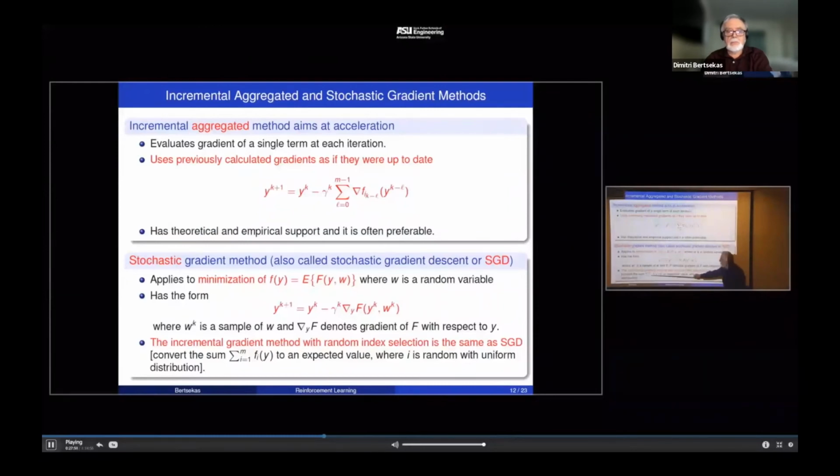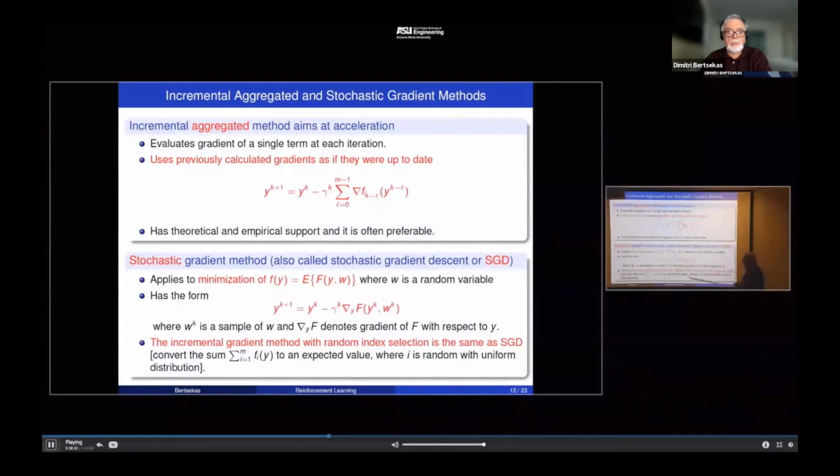Then this sum can be written as an expected value, and then the stochastic gradient method is exactly the same as the incremental gradient method. These two are very similar. They have similar analysis, similar behavior. However, this one applies to problems where the random variable is continuous, doesn't have to be discrete. Okay, so it's a little bit more general.